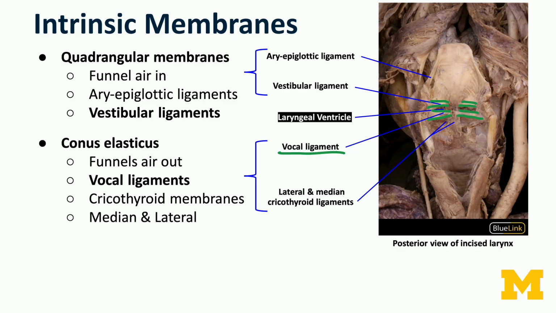With throat singing, you go from vibrating your vocal ligaments to vibrating your vestibular ligaments. And the phenomenon of vocal fry incorporates a little bit of vibration of your vestibular ligaments as well as your vocal ligaments.